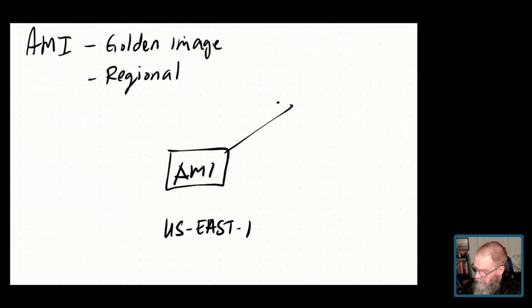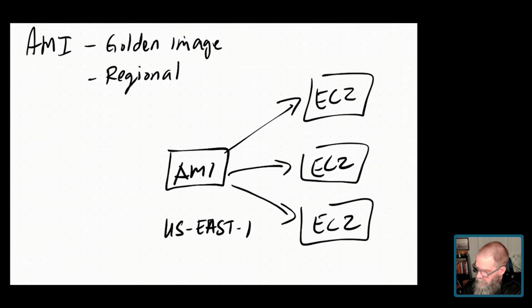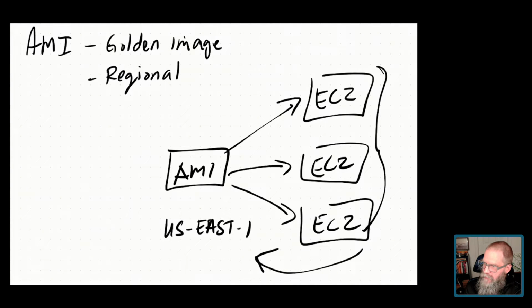That single AMI can be used to launch multiple EC2 instances, right? So what this means is a single AMI can launch multiple EC2 instances, but only in a single region. So that means in our example here, all of these EC2 instances are also in, I'll draw it, just show it like that, right? They're also in US East 1.